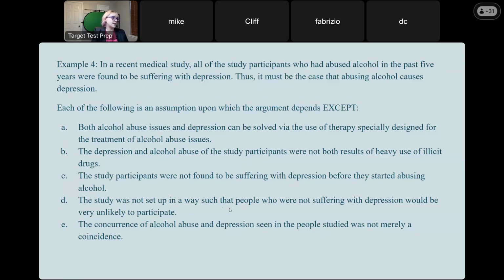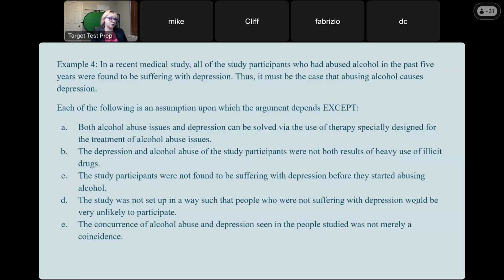D, the study was not set up in a way such that people who were not suffering with depression would be very unlikely to participate. So if they set this study up at like a mental health clinic and that's where they recruited people for the study, a place where there's a disproportionate number of depressed people that might run across it and volunteer, then it calls into question the results of the study because the sample size isn't generalizable.